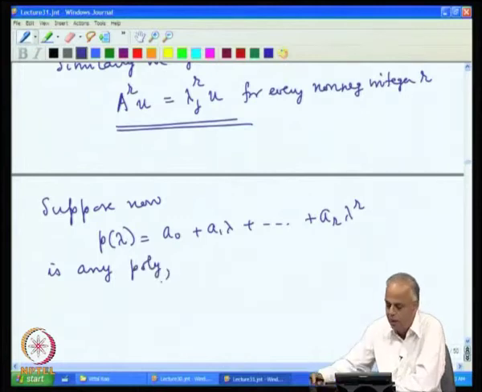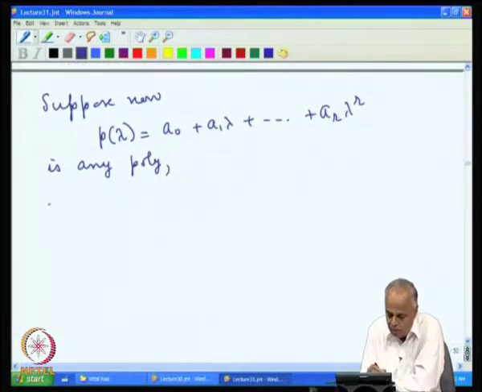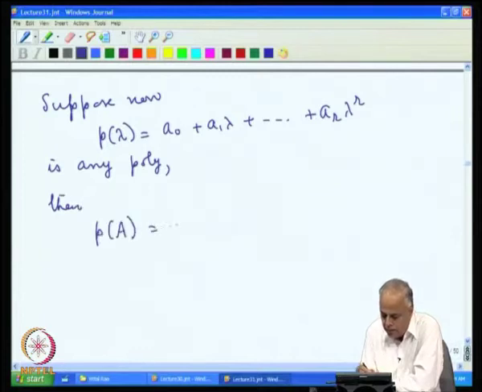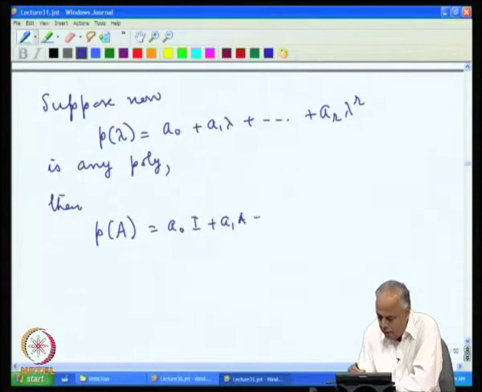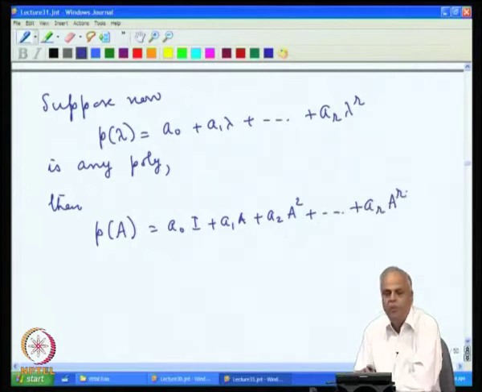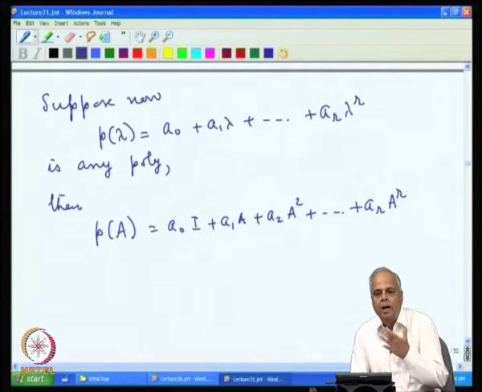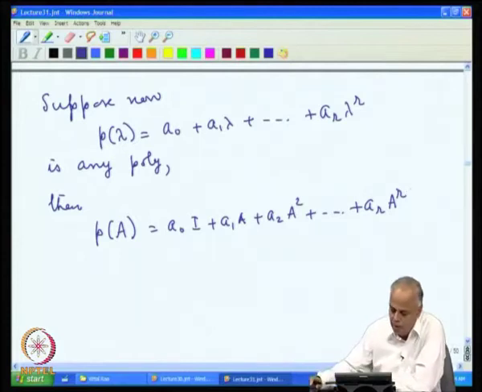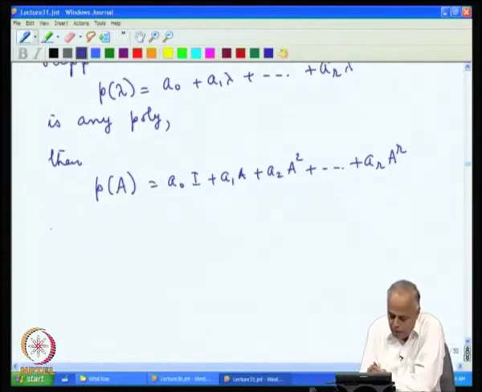Then we know P(A) is a0 I plus a1 A plus a2 A squared and so on plus ar A power r. This is how we define P(A) corresponding to any polynomial P(lambda), and therefore, what is P(A) u?